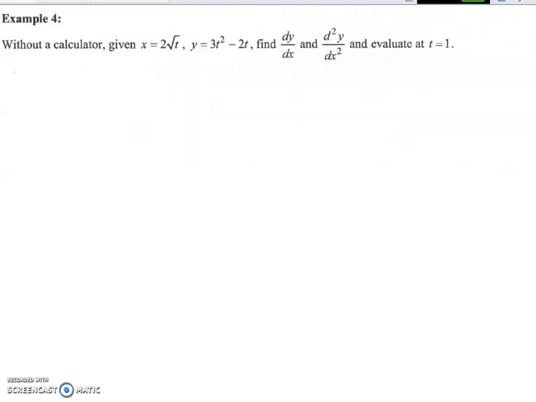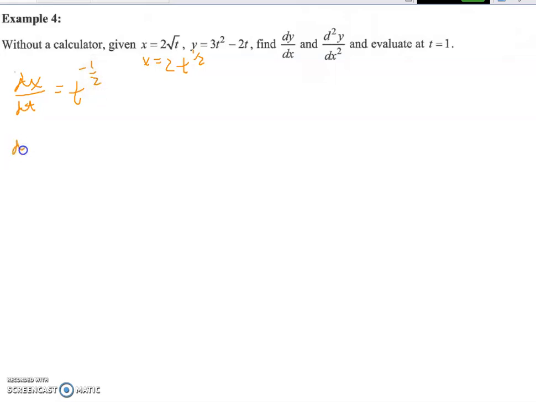Alright, so let's look at an example. Example 4. I've got an x equation in terms of t. I have a y equation in terms of t. So to start off with, let's just find dx/dt and dy/dt. Alright, so we know here that x is equal to 2t to the positive 1/2. So we're just going to do a power rule. So we've got dx/dt is equal to t to the negative 1/2.